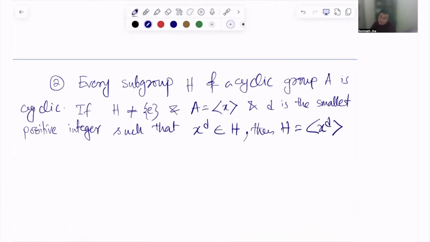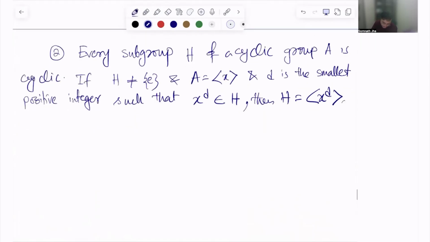Since the group is cyclic, it has a single generator, namely let's say x. Then every element looks like some power of x. So if d is the smallest positive integer such that x to the power d is in H, then you can write H is generated by x to the power d.